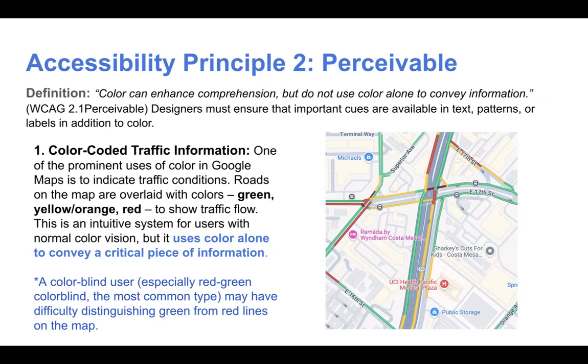Roads on the map are overlaid with green, yellow, and red to show traffic flow. A colorblind user may have difficulty. There have been user reports and feedback indicating that Google Maps' red and green traffic lines were hard to tell apart for colorblind users, potentially causing confusion about traffic severity.